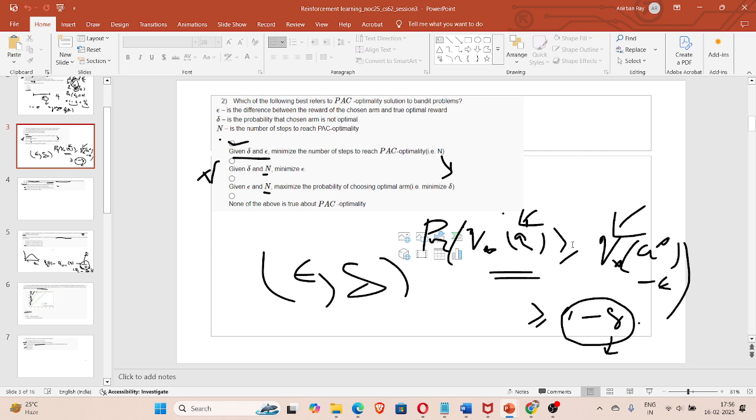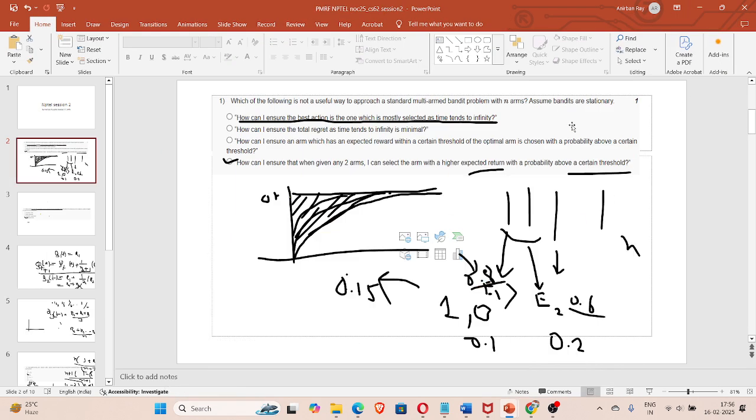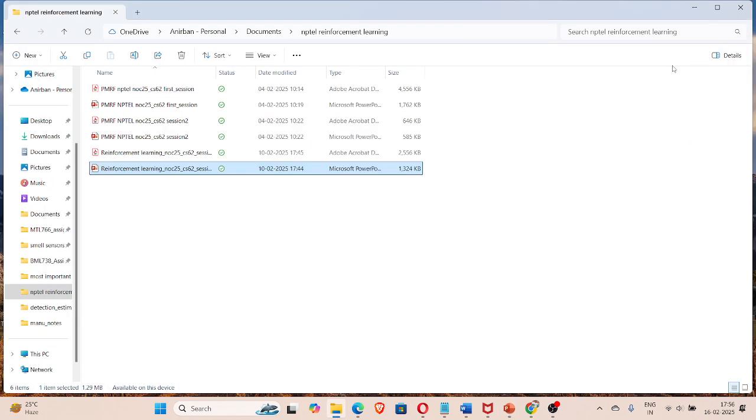Yes, sorry, it should be small. So that is the situation of PAC optimality, and from that we have got a PAC algorithm for solving the bandit problem. That is how it progresses here.